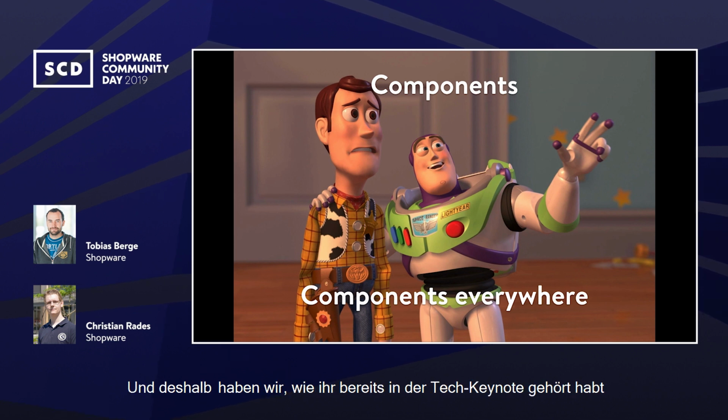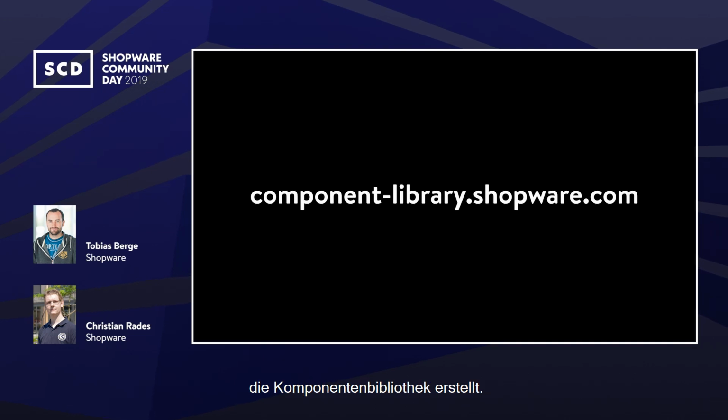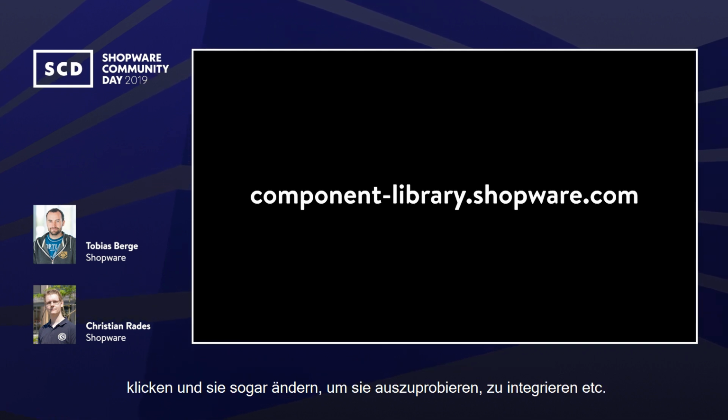And so, as you already heard in the tech keynote, we built the component library. This contains real-life working examples of all the components that you can simply click through and even change settings to try them out, integrate them, etc.